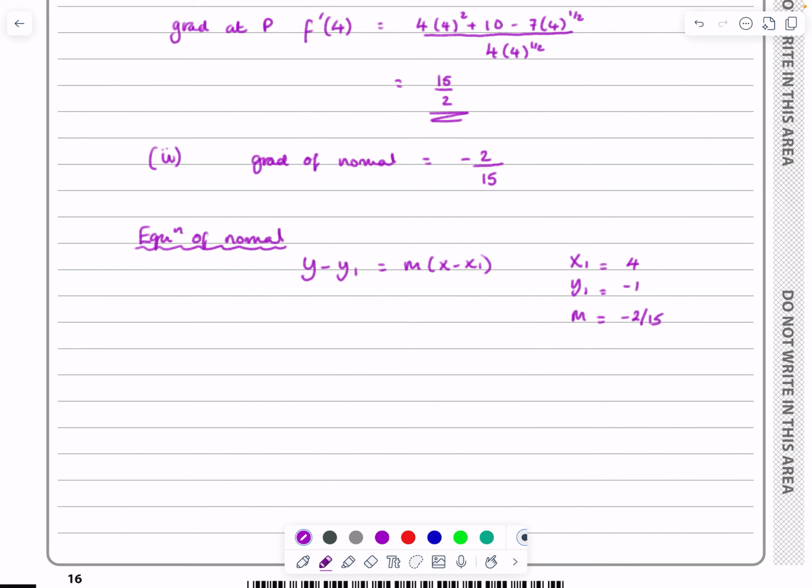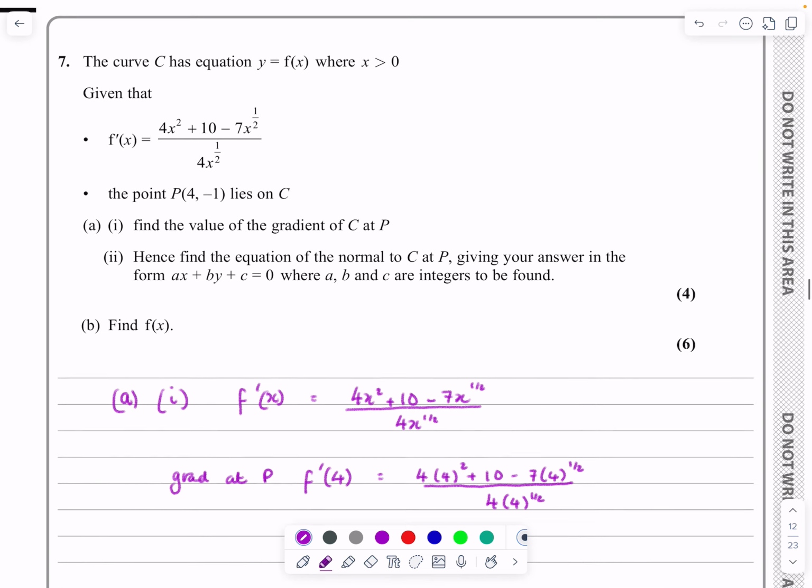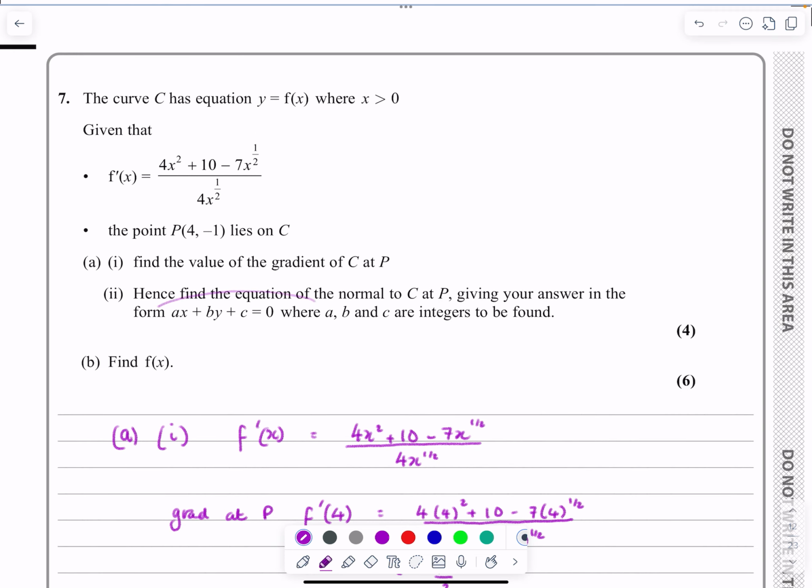So if you stick all of that into the formula here, so y minus minus 1, it's going to be y plus 1 equals minus 2 over 15 (x minus 4), and then did they say how they wanted it? Yes, they did. So they said they wanted it in this format here.